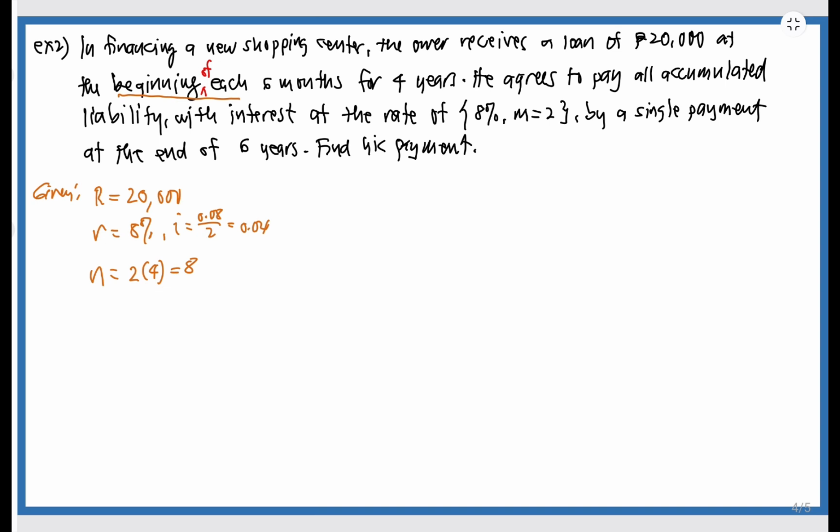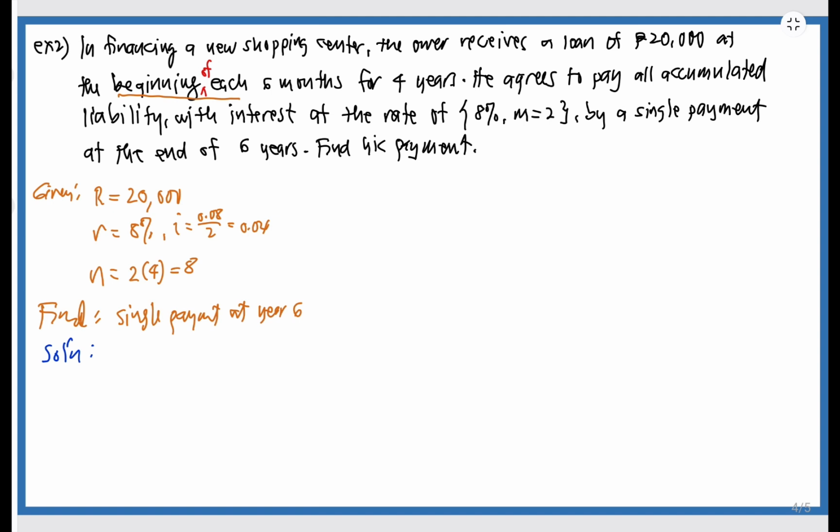Okay, so what else do we need? We are to find the single payment at year 6. As we mentioned earlier, to solve this, we need first to know how much is the total liability.